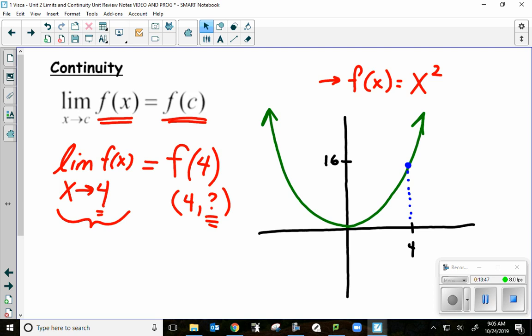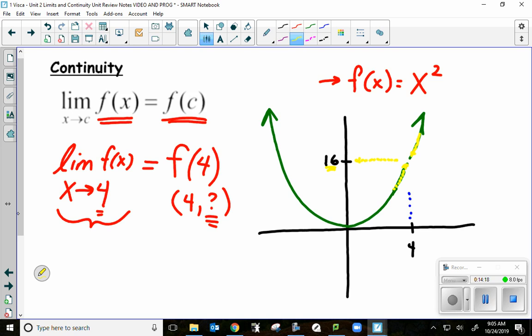As I approach 4 from the left and right hand side, and I'm going to put a little eraser mark right here for a second, I don't know what's there. I don't know if it's a hole, a point, or whatever. I mean, I do. It's a parabola. But for the sake of taking the limit, as I approach it from the right side and from the left side, it equals a y value of 16.